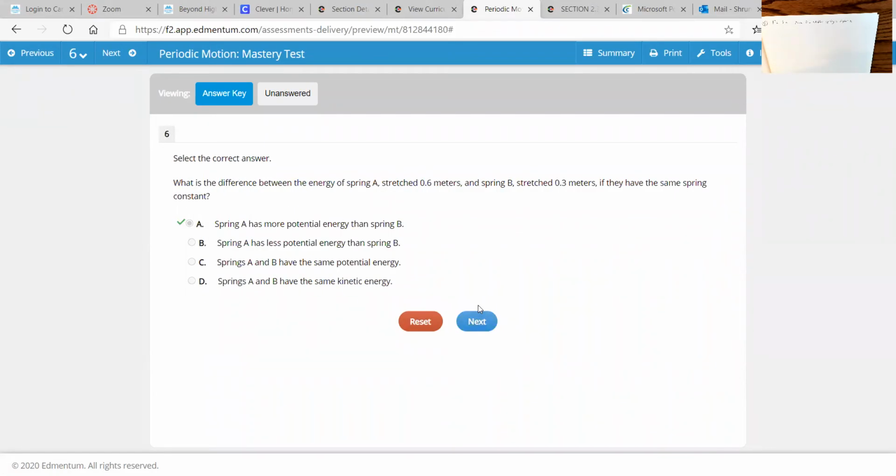What is the difference between the energy of spring A, stretched 0.6 meters, and spring B, stretched 0.3 meters, if they have the same spring constant?